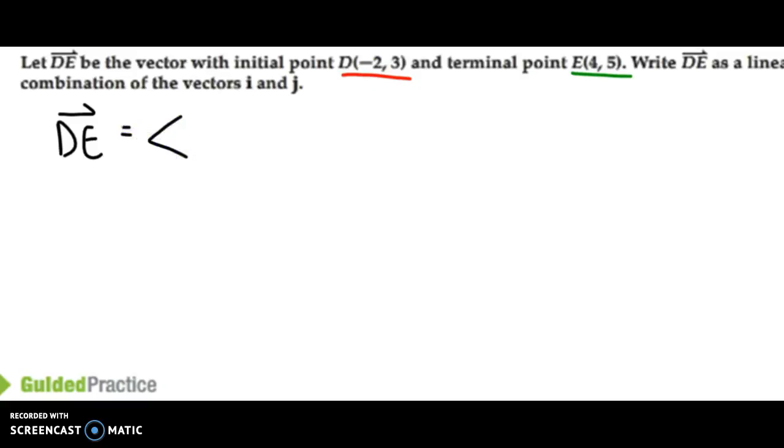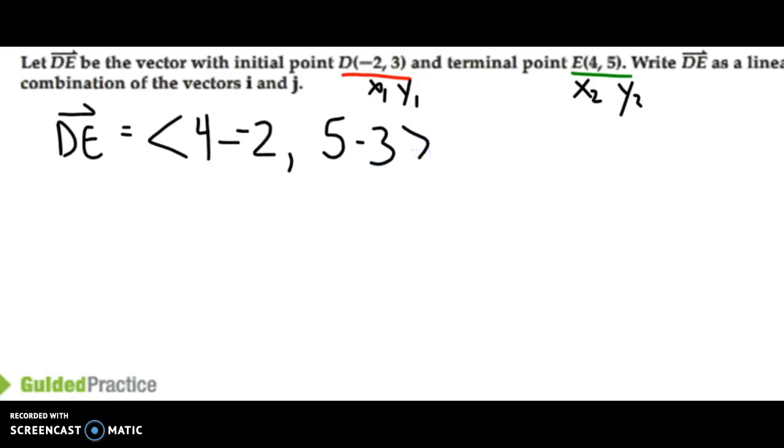This is x1, y1, and this is x2, y2. We took x2 minus x1, comma, y2 minus y1 in component form. I simplified and I'd have 6, 2 in component form. So that's what DE is in component form.